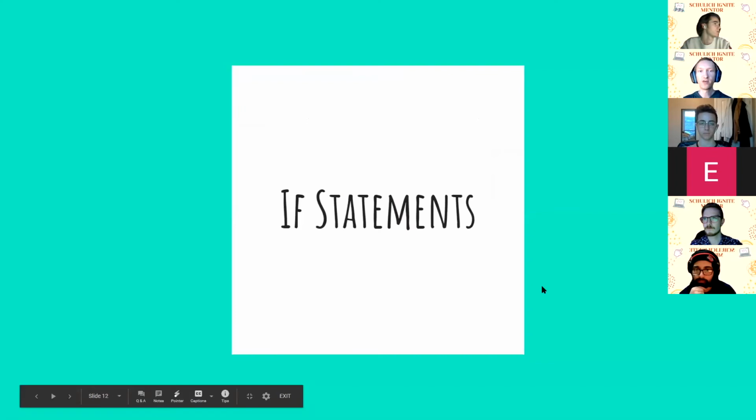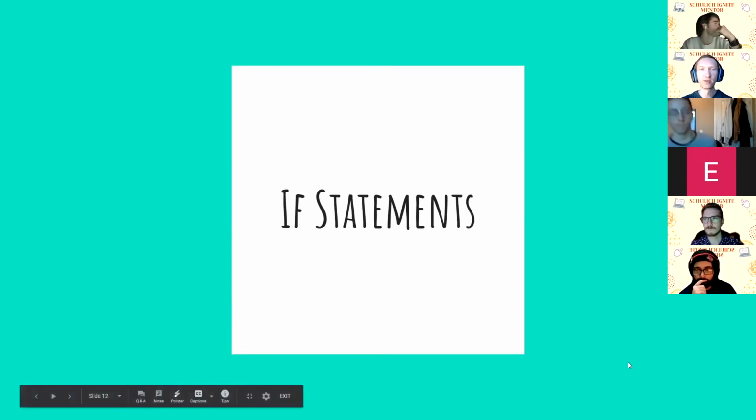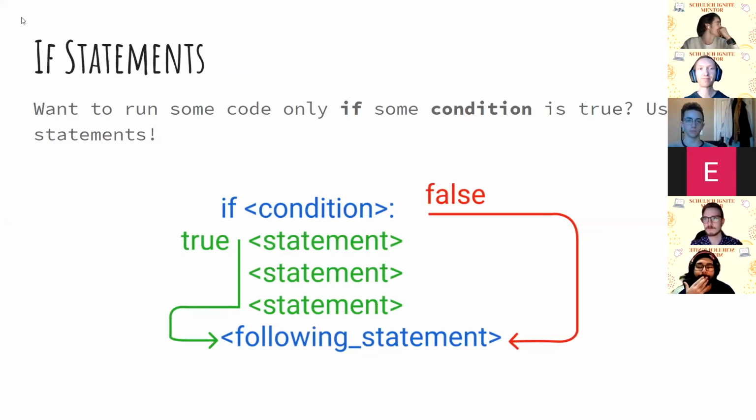Okay, so now we are going to use these comparisons in our if statements. We're going to talk about what if statements are. The if statement lets you run some code only if a condition is true. You'll have a condition that you want to be checking, and then based on whether that condition is true, we'll be deciding whether to run the statements afterwards.